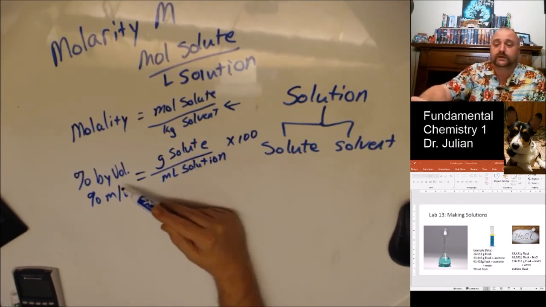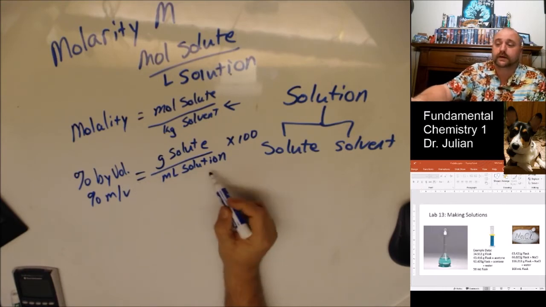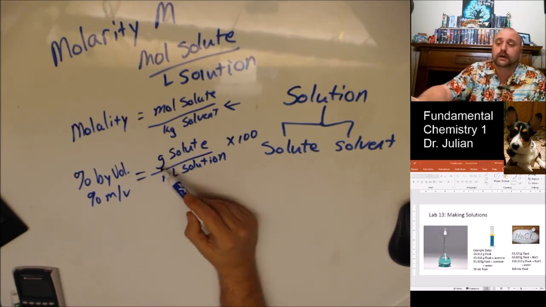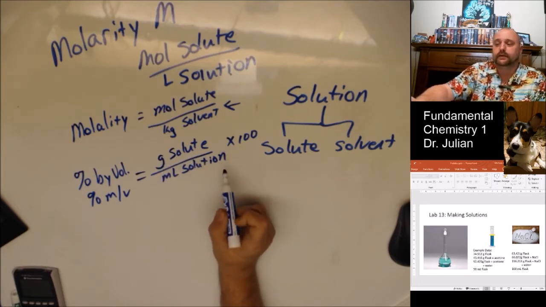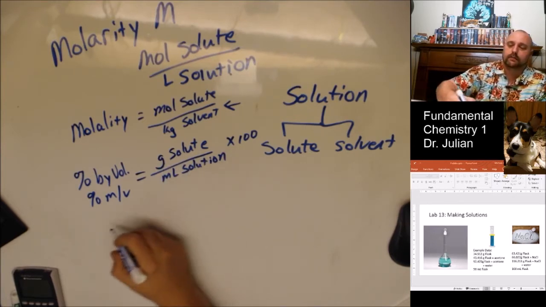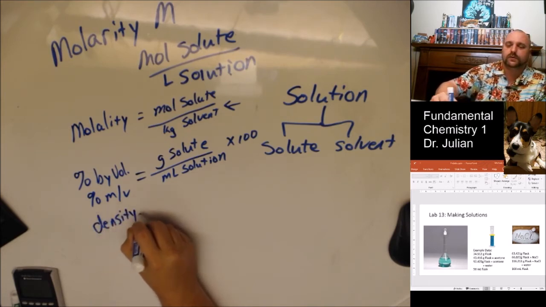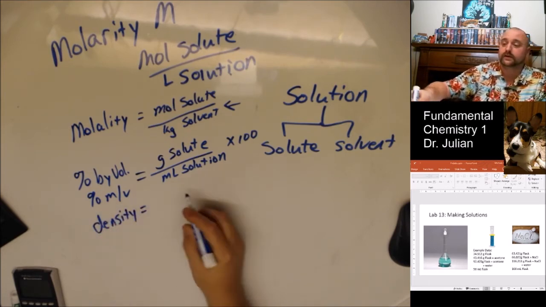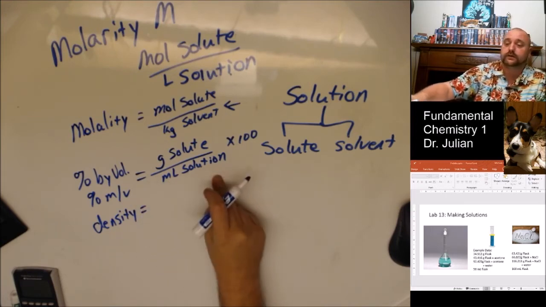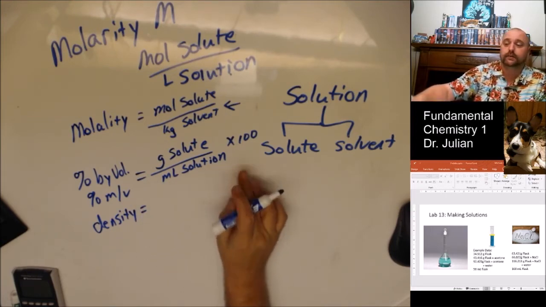Now, this is confusing because we say percent by volume a lot of times because it has volume on the bottom. But it's not volume over volume because those are not additive. So this is used a lot, but it's also heavily confused with density, which we talked about in chapter 1, which had similar kind of units. So the units for this percent one should end up in percent.